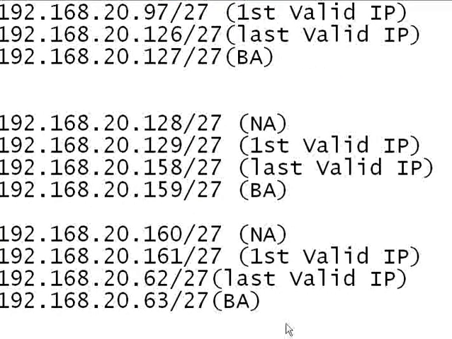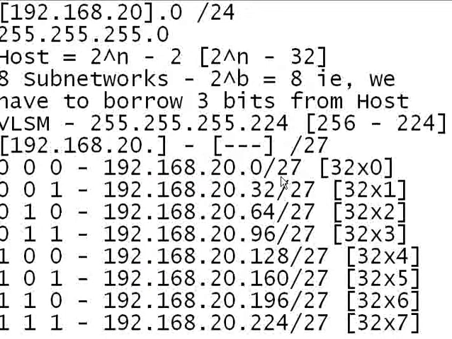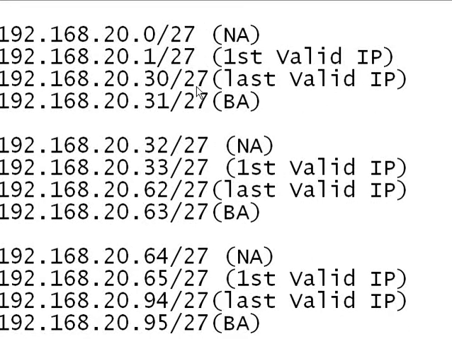But in today's arena, people say we should use all the subnetworks. It means that in the network address, all network bits should not be set to 0, all network bits should not be set to 1, and that is how I am calculating. This is the first subnetwork, second, third, fourth, fifth, sixth, seventh, and eighth. All 8 subnetworks I got.